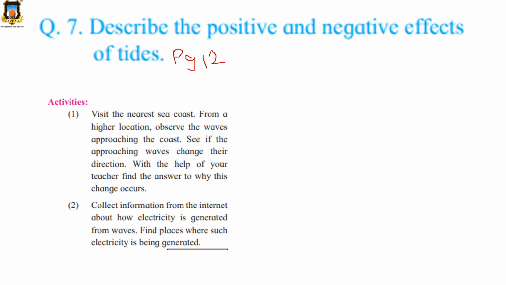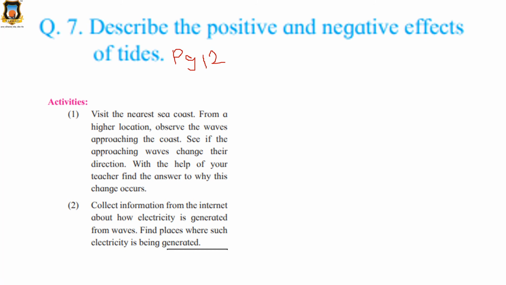So, positive effects, you will write: with the high tides, fish move into the creeks and this helps fishing activity. First point. Here also the answers are given in points. Second, the tides clear the waste and hence the coast becomes clean.